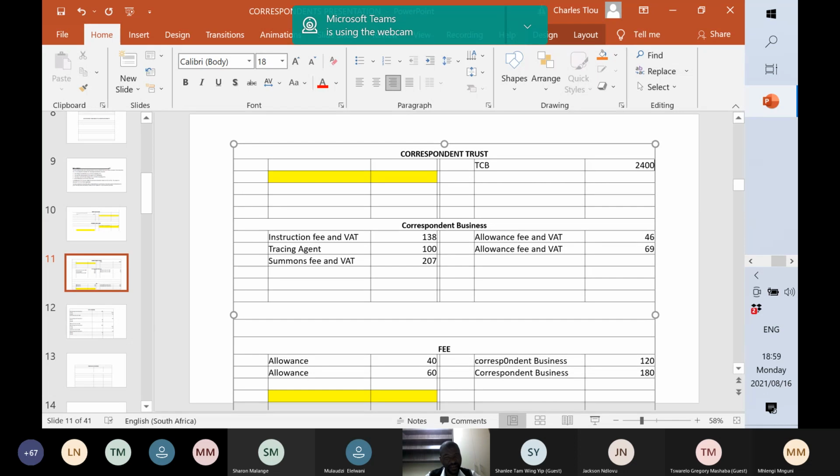In many cases we will not even say it's a fee, just say collection commission, but remember that collection commission is always a fee.